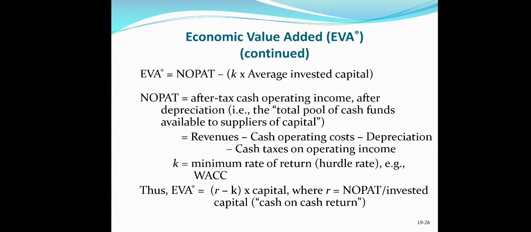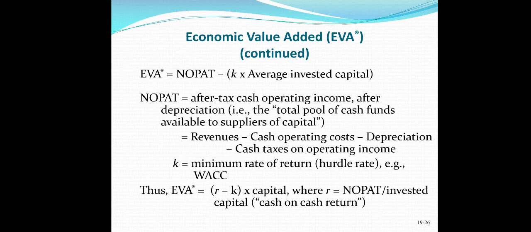So I think the NOPAT is not net operating profit after tax. If we want to find this NOPAT in the financial statement, then it is non-operating profit after tax. K in the formula is the minimum rate of return or hurdle rate, for example, the weighted average cost of capital. And then times average invested capital.